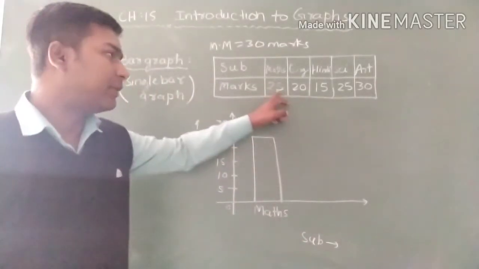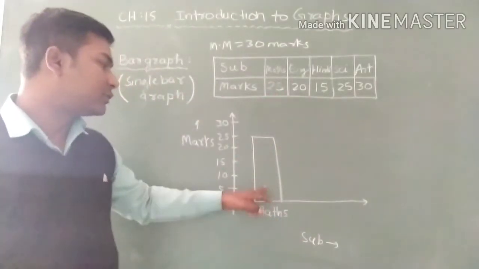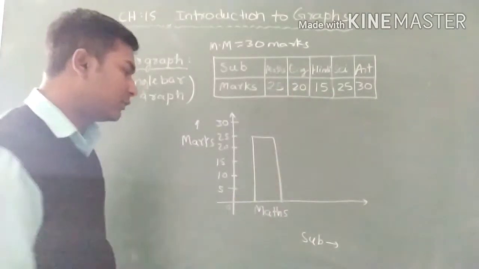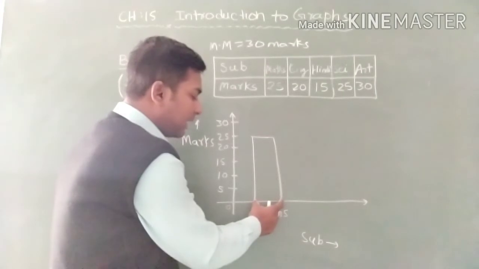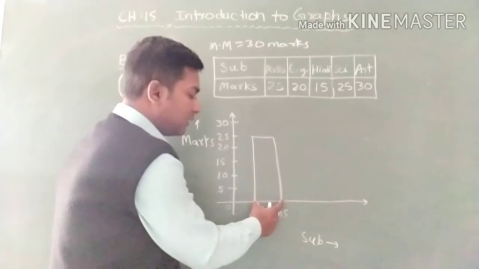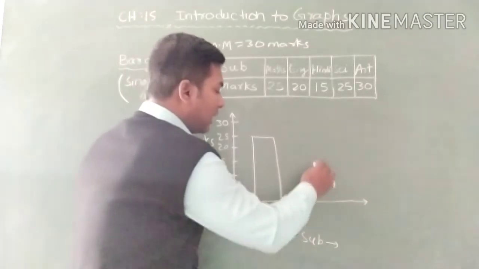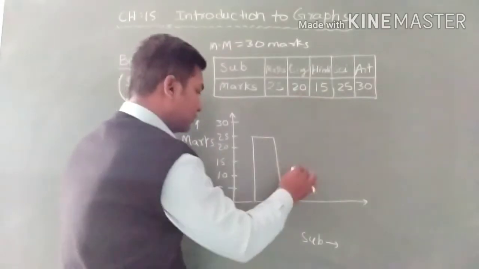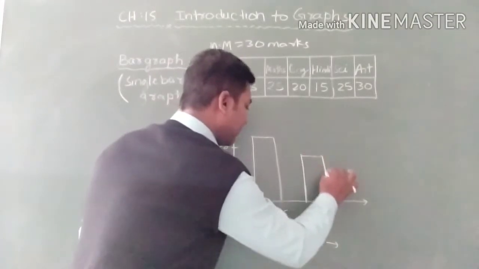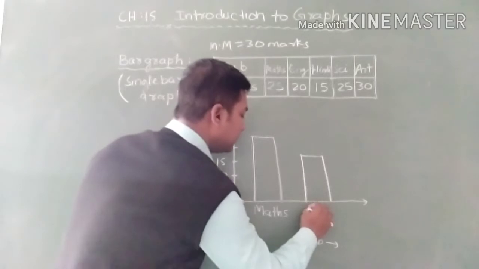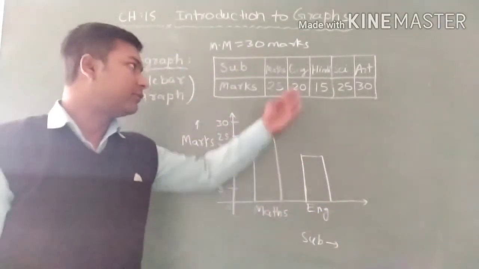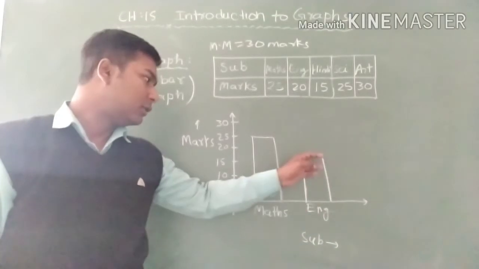Similarly, English is 20, so take a gap the size of a bar, and after this gap draw a bar up to 20. This is the English subject, whose bar goes up to 20 marks.